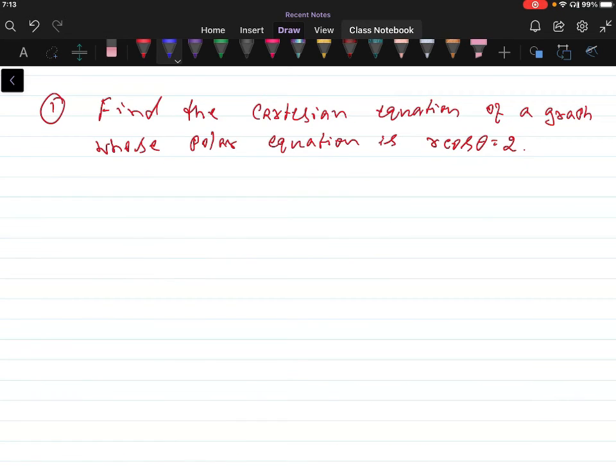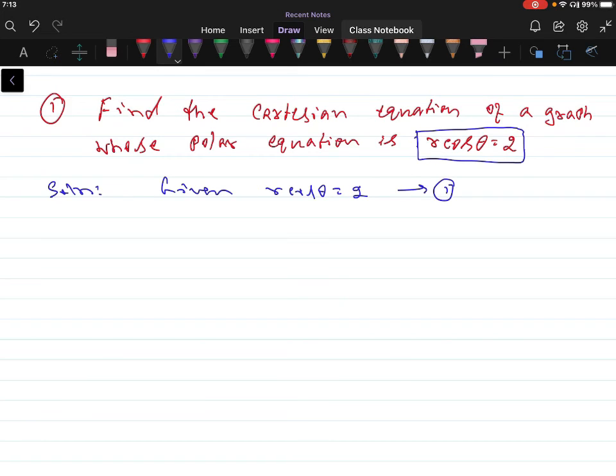In this problem, the polar curve is given, so you have to find out the Cartesian equation. So let us move to the solution. Given r cos theta is equal to 2, let us take it as equation 1. So you have to convert in terms of Cartesian form. So we know that r cos theta is equal to x.